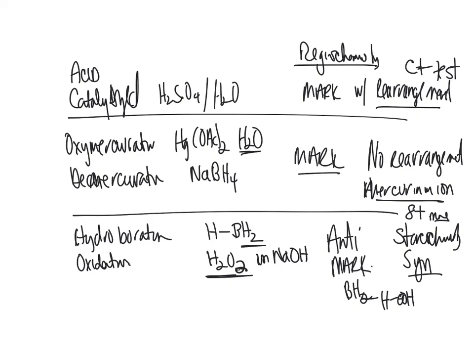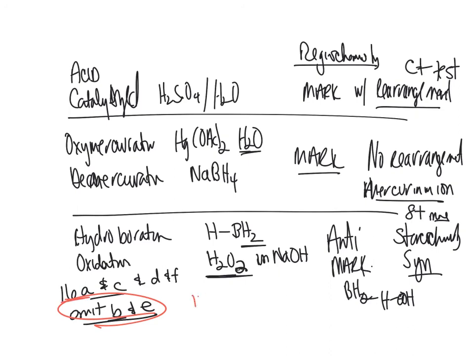Okay, so for your additional problems, I need you to do 16A and C. Okay, you can omit B. Okay, so I need you to do A, C, D, and F. You can omit B and E. So you don't have to do B and E on number 16.